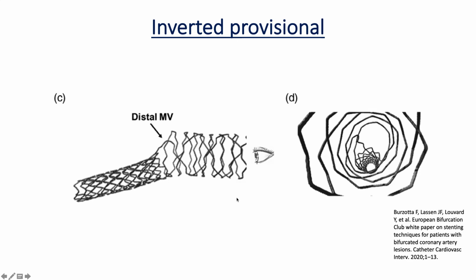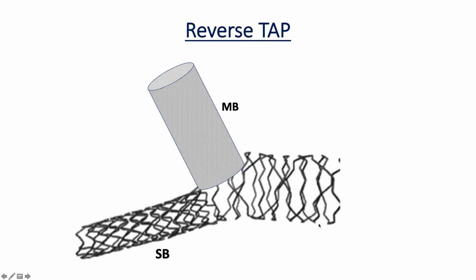However, the newest stents have distension characteristics that allow them to be inflated even 2 millimeters or 1.5 millimeters more than their nominal stent diameter. And obviously the bailout strategy for the inverted provisional technique is the reverse TAP, as you see in this diagram.